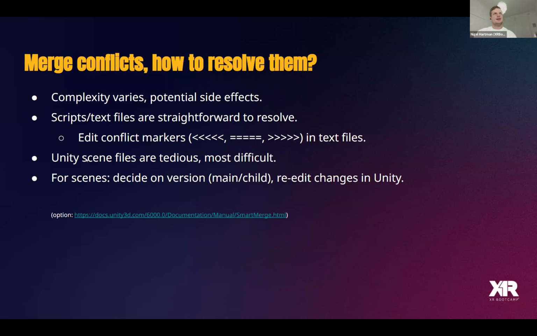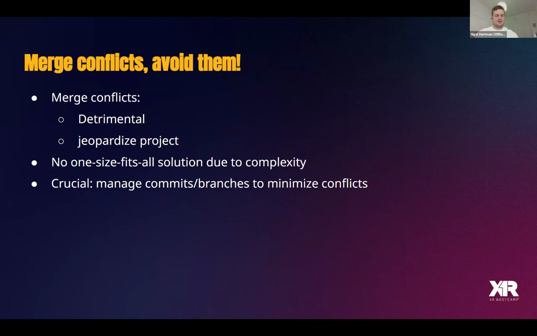In Unity, it could be a really, really big problem if two people were working on the same scene and wanted to merge it together, because scenes have a quite complicated file format, I would say, at least compared to normal text files. So it's really hard to decide what to keep and what not to keep. So yeah, don't do that with scenes.